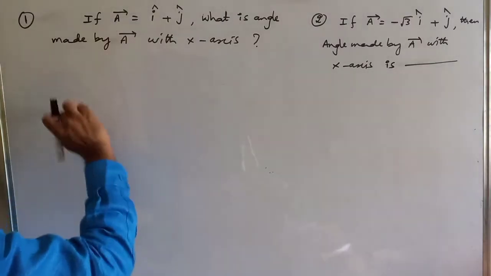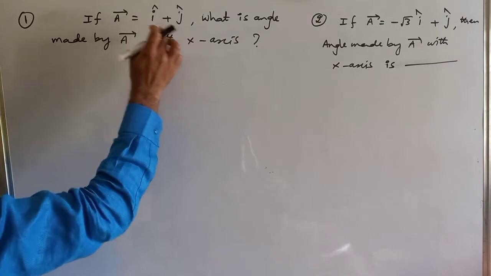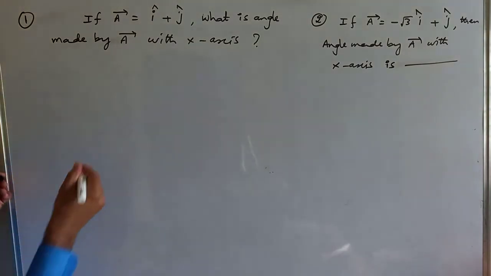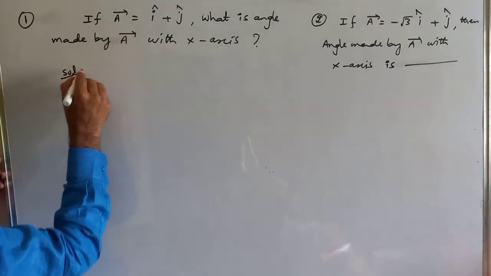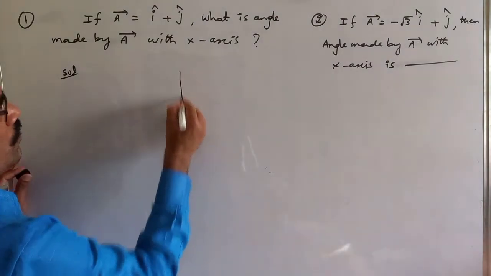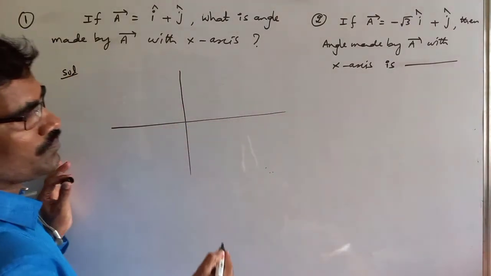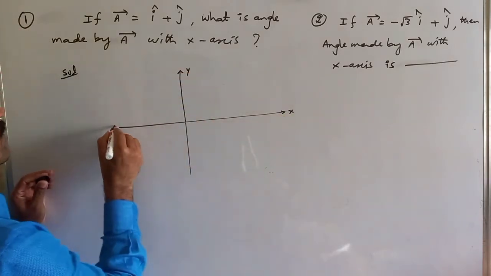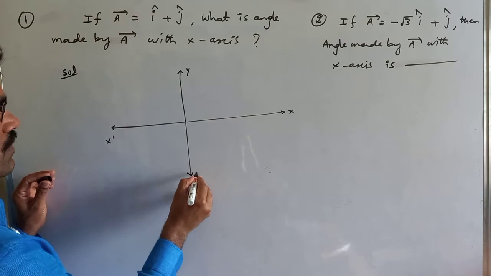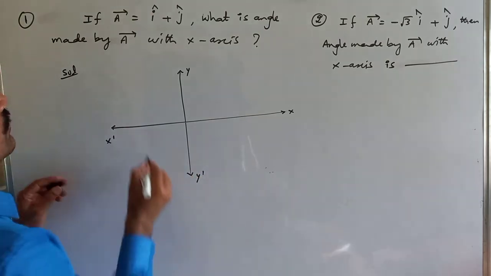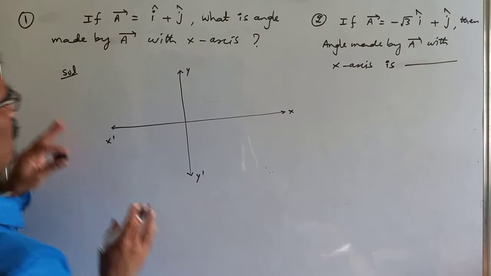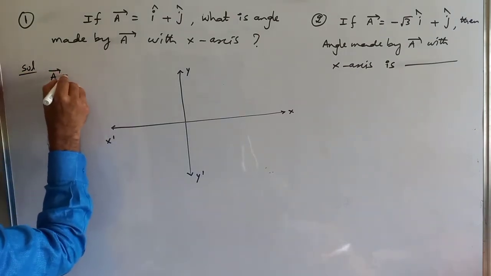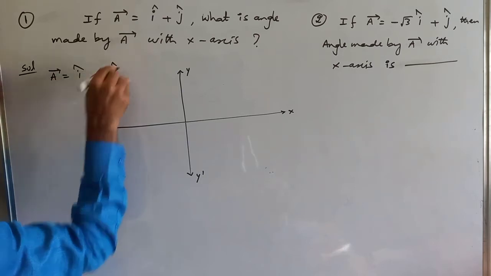Now, A bar is equal to i cap plus j cap. What is the angle made by A bar with the x-axis? How to solve? Simple matter. We know the quadrants: x-axis, y-axis, negative x-axis, negative y-axis. Here A bar is equal to i cap plus j cap.